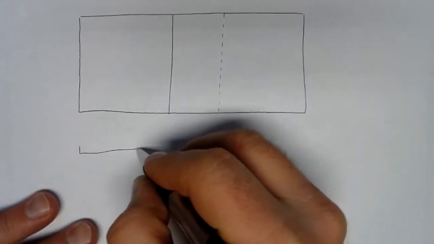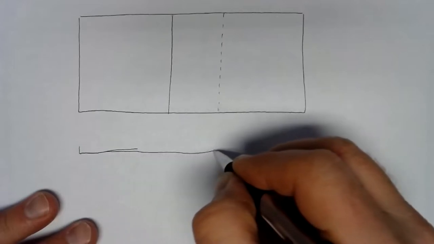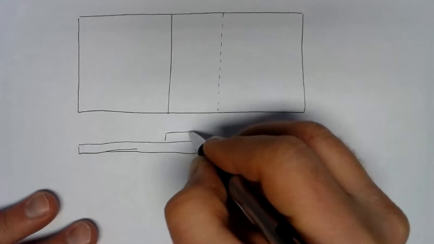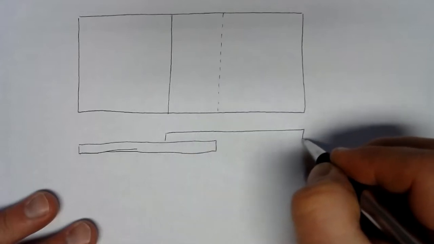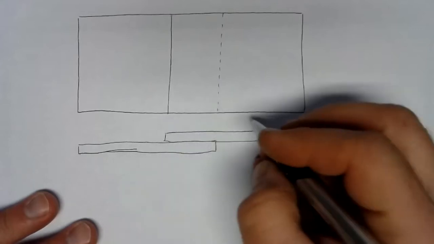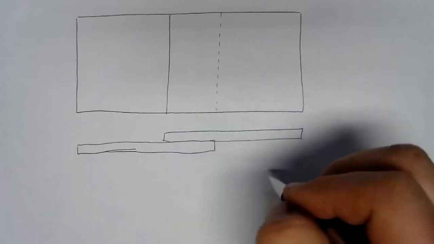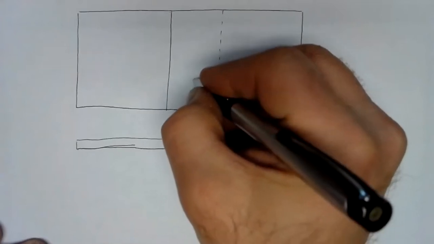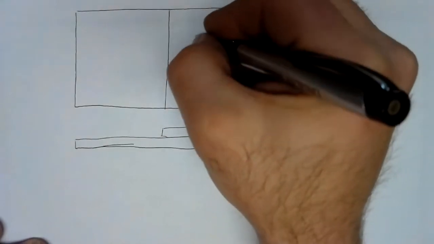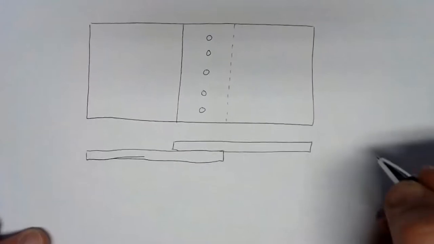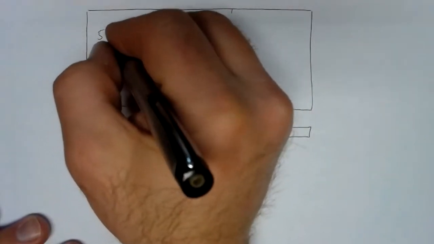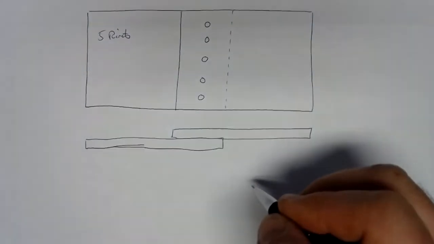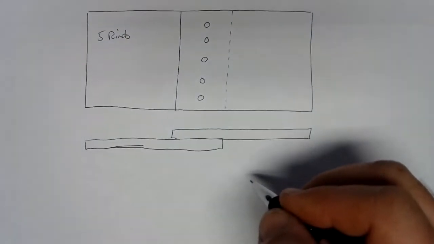We've got our bottom piece here, and our top piece there. And we're going to hold this lap joint together with, let's say, 5 rivets. So 5 rivets. And we're going to use the typical common rivet, the AD rivet that we use.